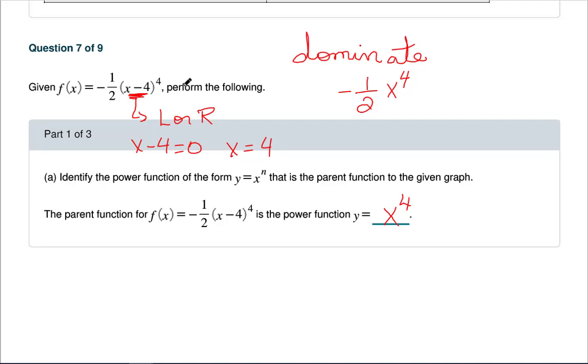There's nothing on the end, so there's no up or down. Looking inside, this is a left or right. X minus 4 is 0, so I get x is 4. So it should look like a flipped over x squared that's been shifted to the right by 4.